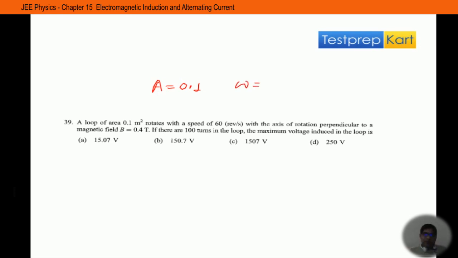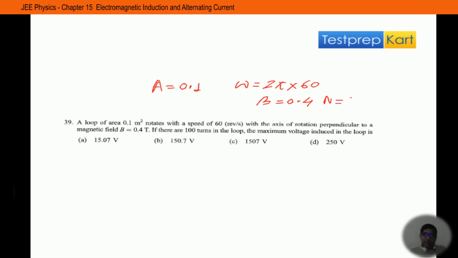Omega is equal to 2 pi f, and it is already given in revolutions per second, so no need to convert it. So this is 2 pi into 60. Magnetic field is given 0.4 Tesla, and number of turns is given, yes, N is 100.